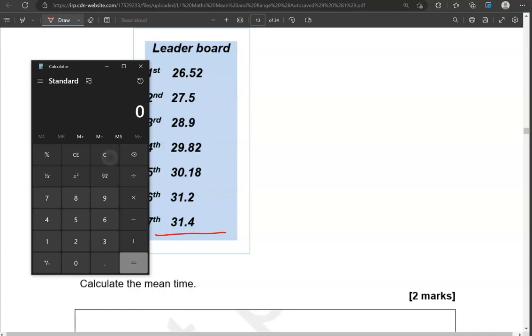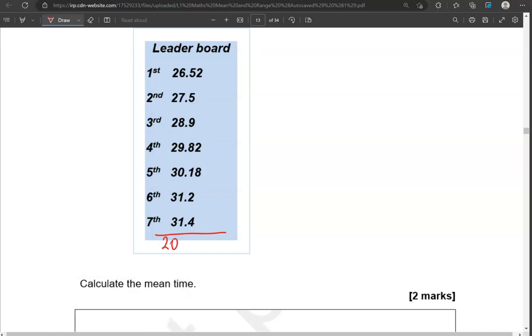So we have 26.52 plus 27.5 plus 28.9 plus 29.82 plus 30.18 plus 31.2 plus 31.4. So that is 205.52.